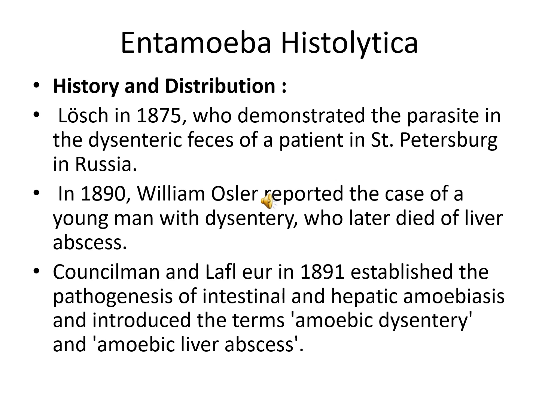And in 1891 Councilman and Loeffler established the pathogenesis, that is, the infection caused by Entamoeba histolytica causes intestinal and hepatic amoebiasis, and introduced the terms amoebic dysentery and amoebic liver abscess.